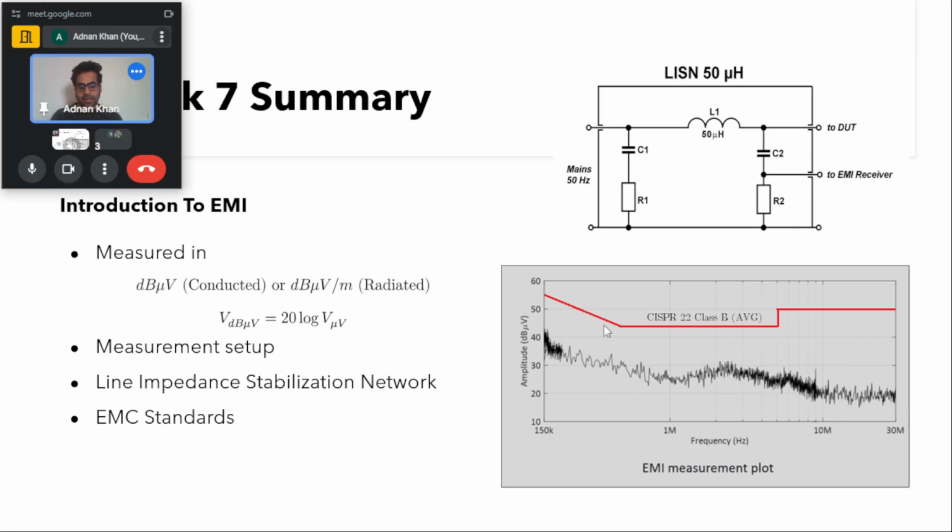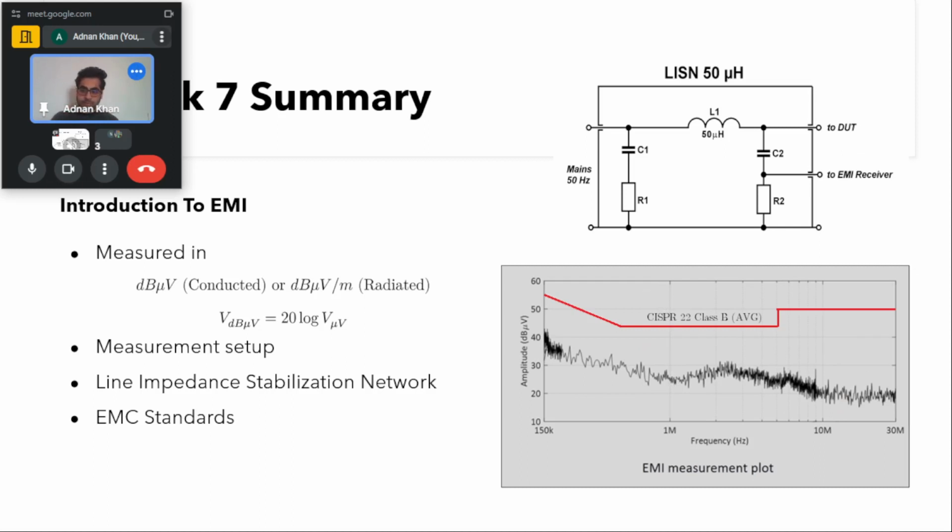Here you can see at lower frequencies the limit is somewhat higher, at this medium frequency range the EMI limit is somewhat lower, and this limit goes higher at the higher frequency range. So here you can see the waveform that has been analyzed is lower than the set limit.